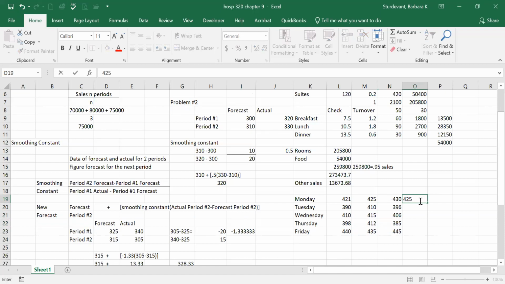So you're doing it based on a 5-week, and then you're doing it based on a 3-week average. And that's really all you're doing, is an average. It's taking me longer to type in the numbers than it'll take us to do the solution.